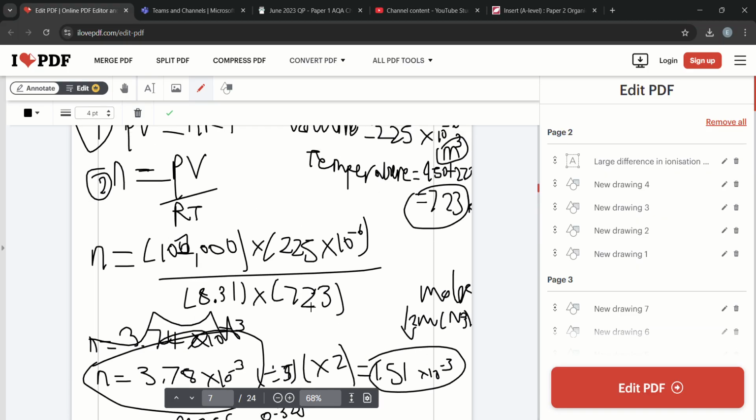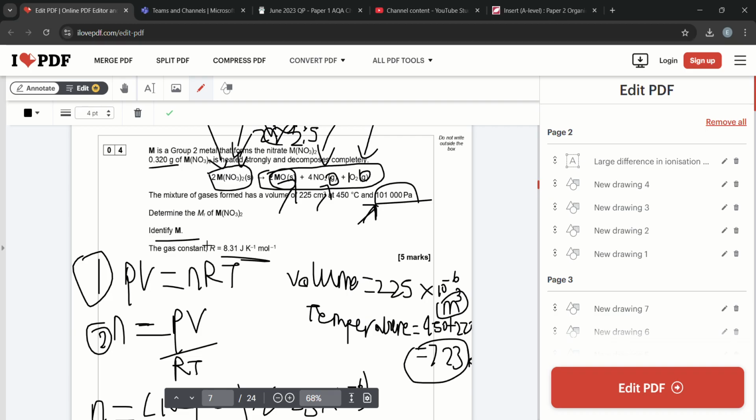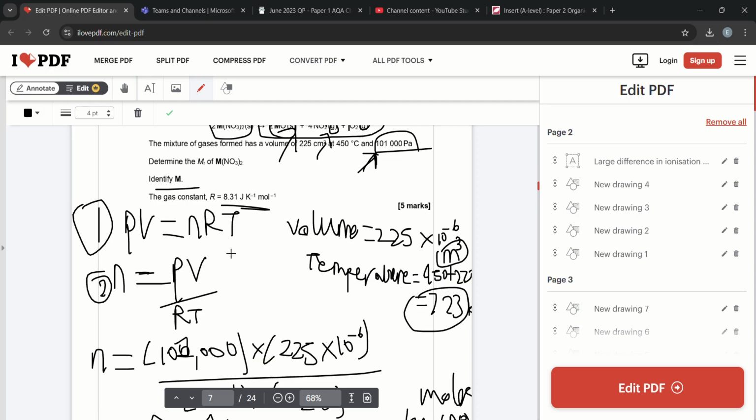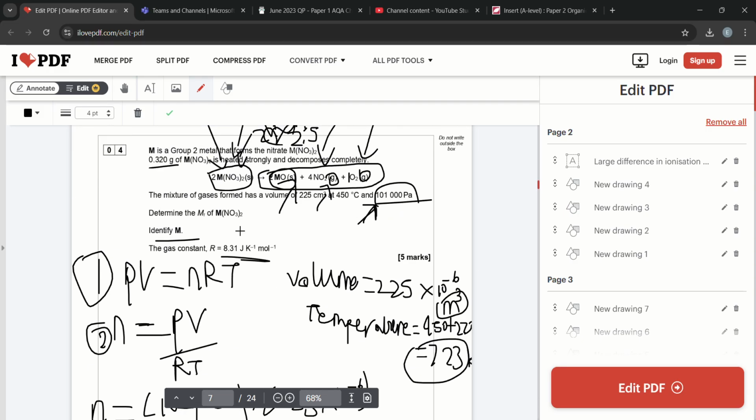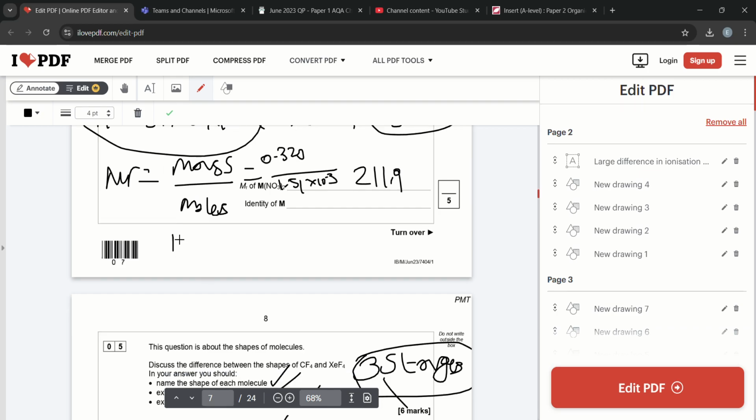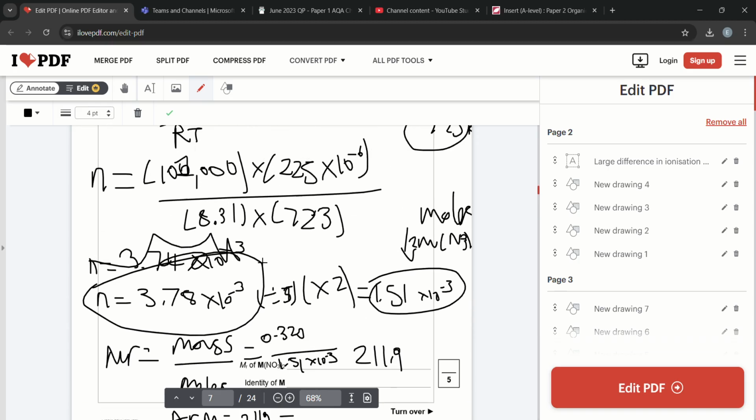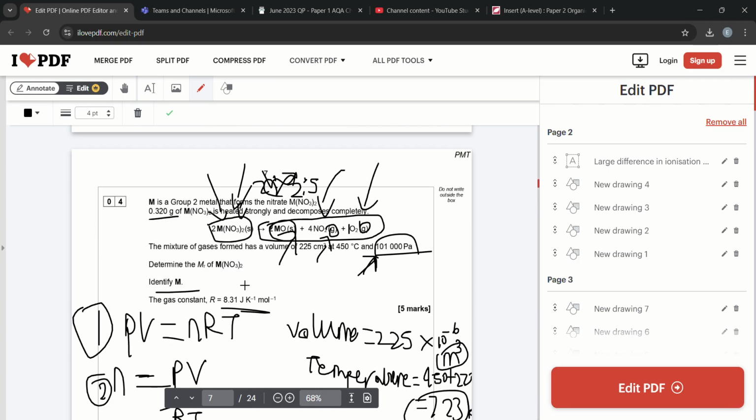Then, to find the identity of M, we know the total Mr is 211.9. So to find the Ar of M, we do 211.9 minus all of this.